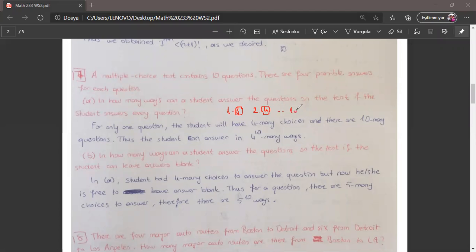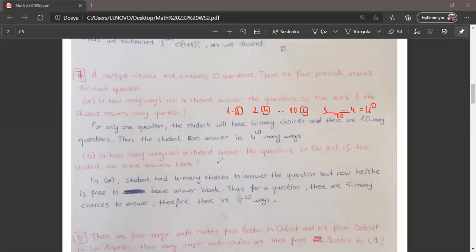So till the end, it will have 4 other choices. So we have 4 times 4, how many times? 10, because we have 10 questions. So we have 4 to the 10 ways.